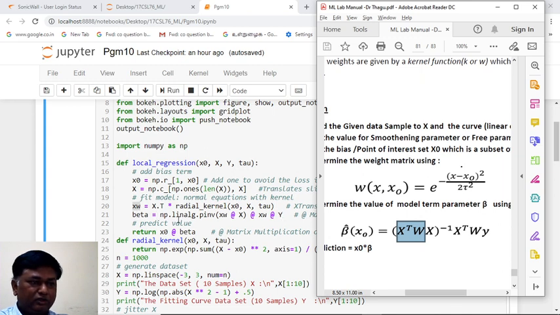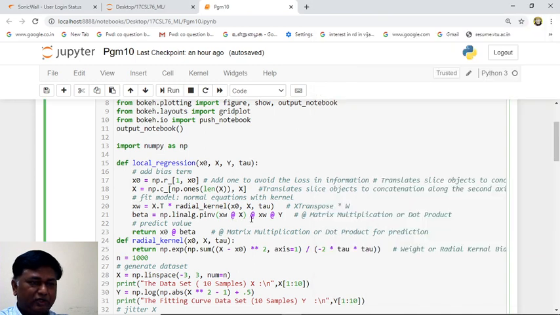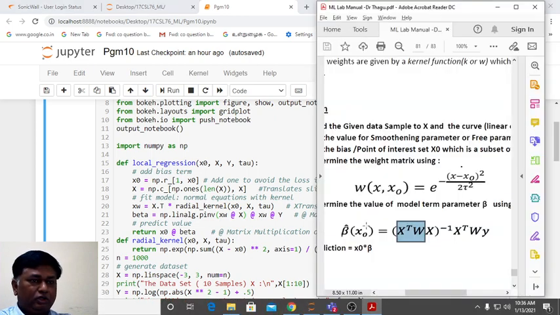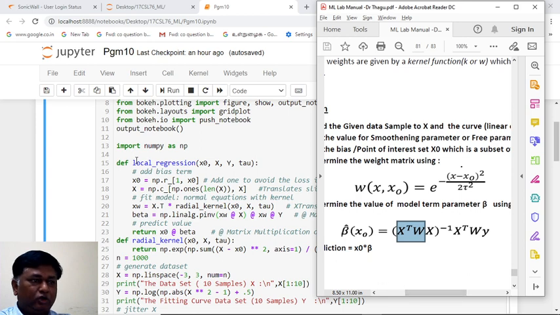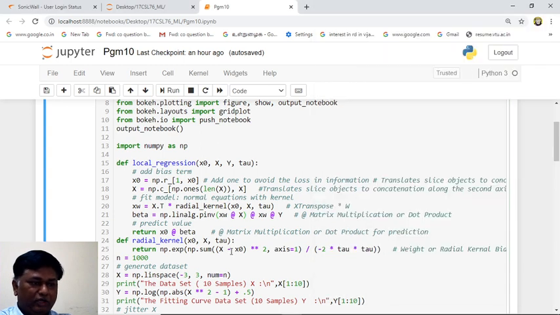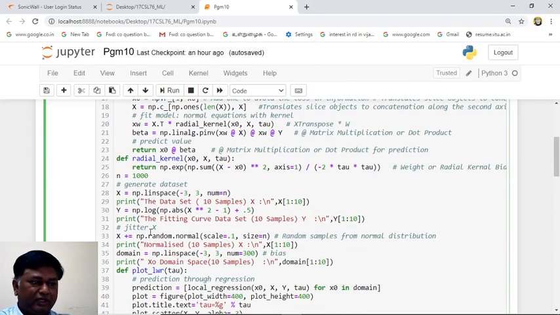Beta equals linear algebra, XW into x, again XW into y. So dot product is doing your matrix multiplication. So this is used to apply your Loess algorithm. By calling local regression with this tau variable, you will get the Loess algorithm. Now we'll see how we are drawing the graph.